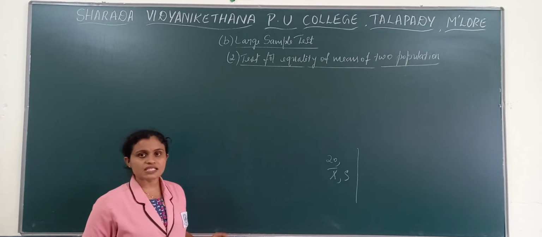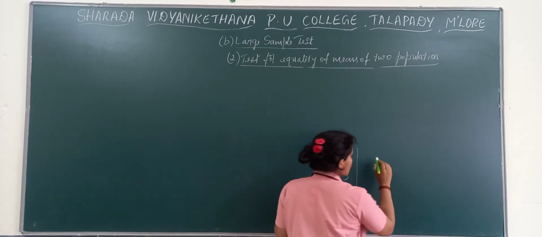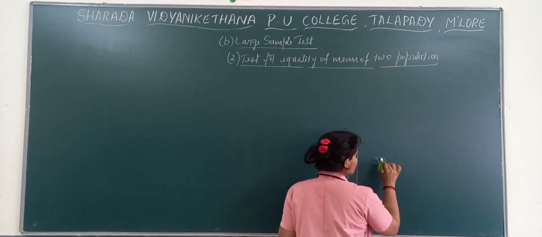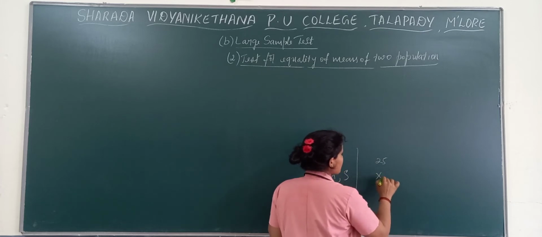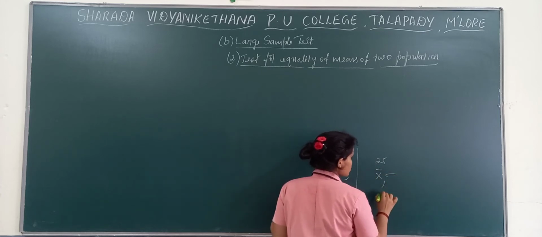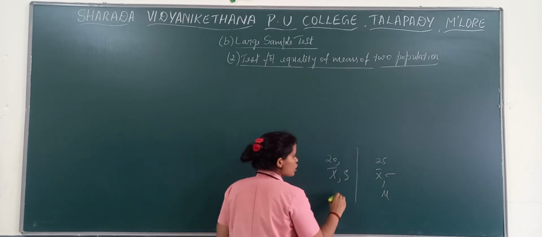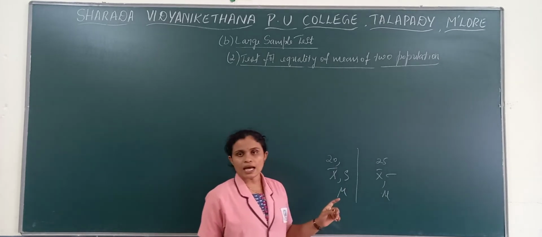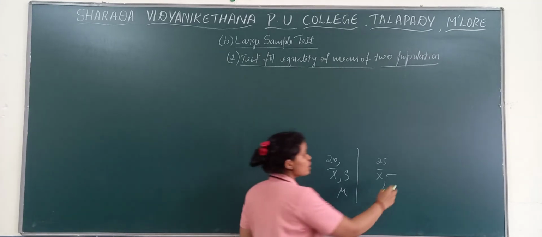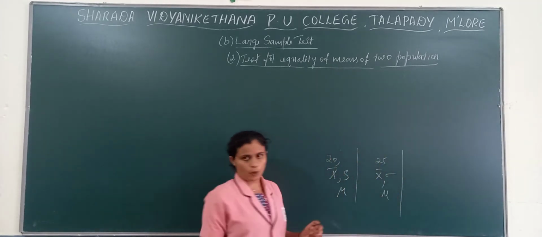But here you will get two populations. In one more population you will take the sample as 25. Then mean, standard deviation as well as mu. Here also mean, standard deviation as well as mu. Sample mean and population mean. So here you get two sets of population.